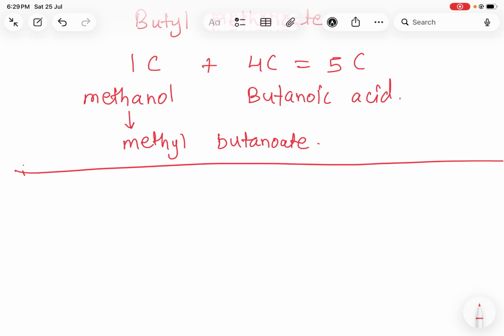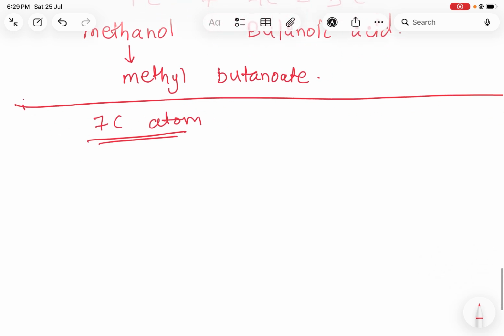Say for example, I have to make an isomer of 7 carbon atoms. Okay, now how can 7 be made? I know that I require alcohol and carboxylic acid to make the ester.